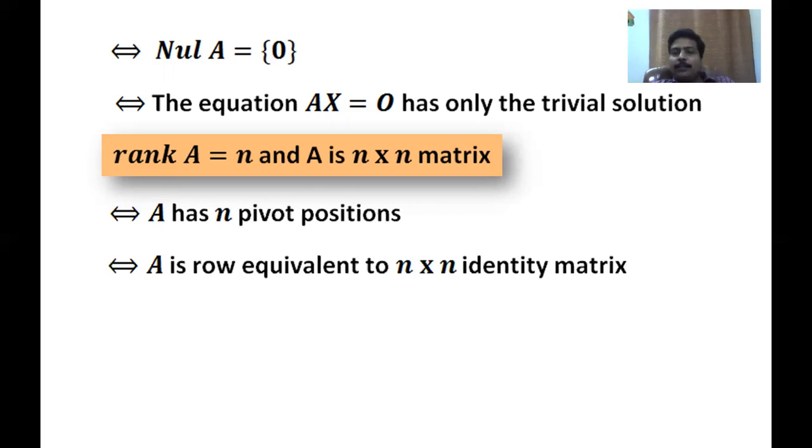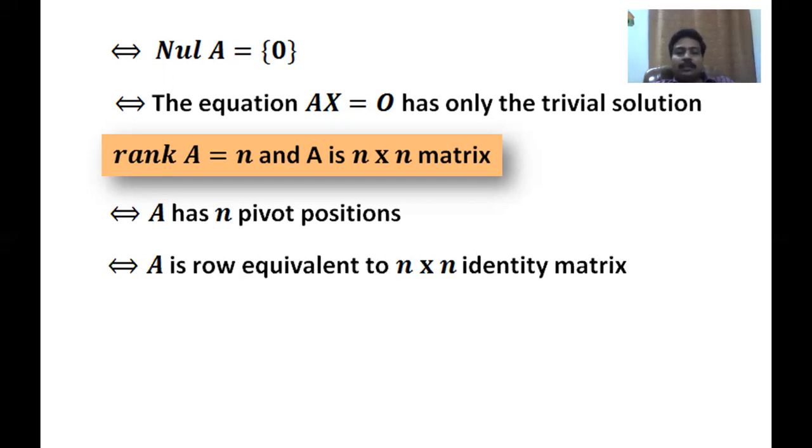Since there are n pivots and there are only n rows, every row contains a pivot. So every row of A contains a pivot and every column of A contains a pivot.